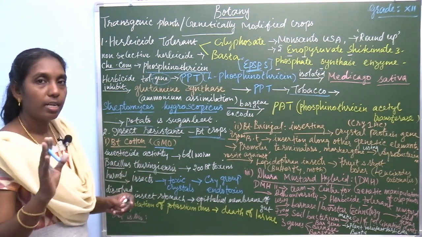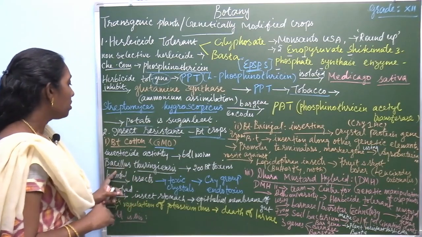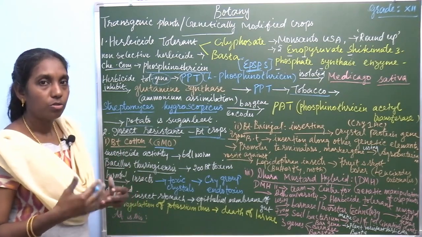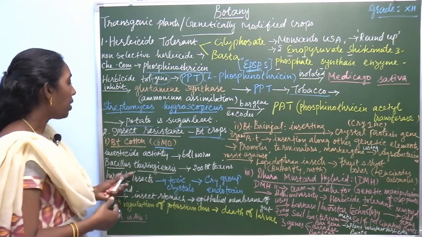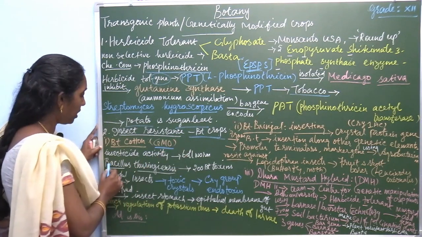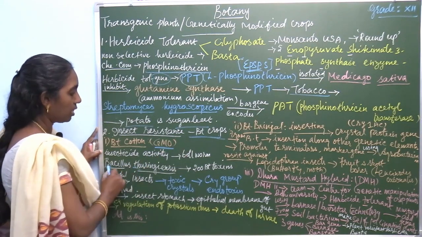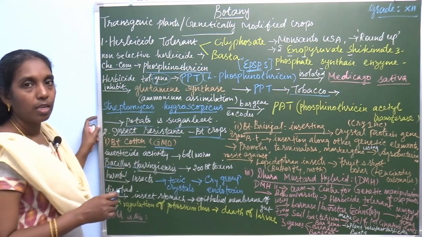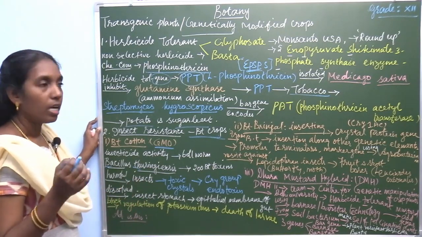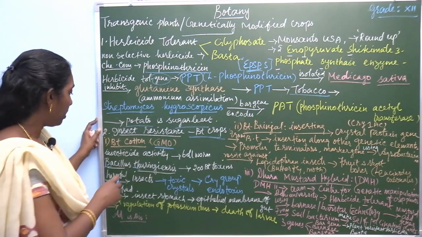So the insecticidal activity is against bollworm. The bacterium used to provide the transgene is Bacillus thuringiensis, BT. That's why it's called BT. You may have learned this in the lower classes also. Bacillus thuringiensis is used for insect resistant varieties.